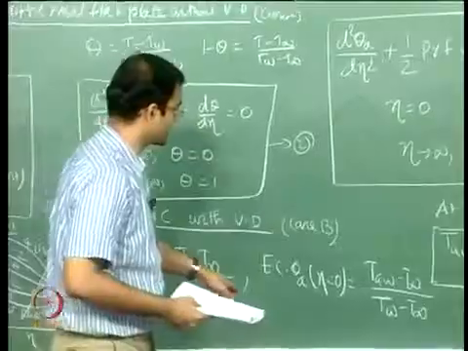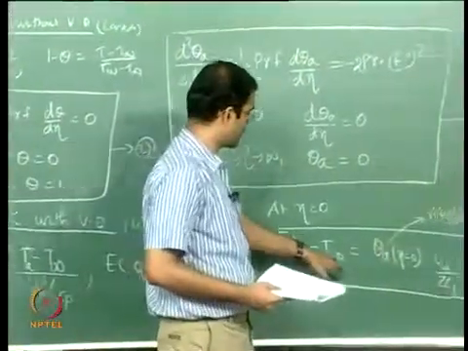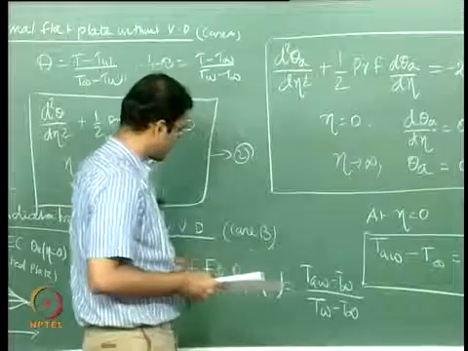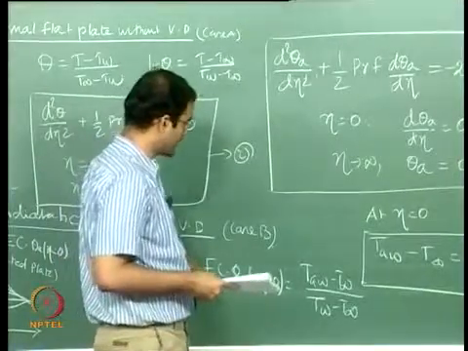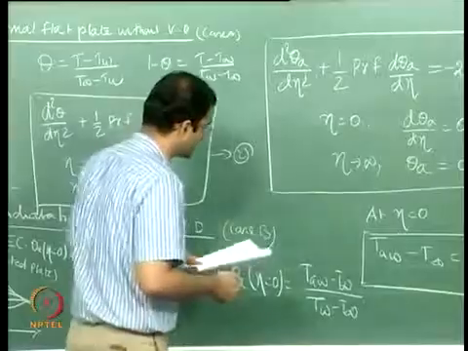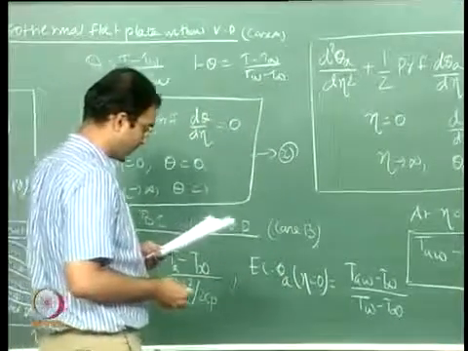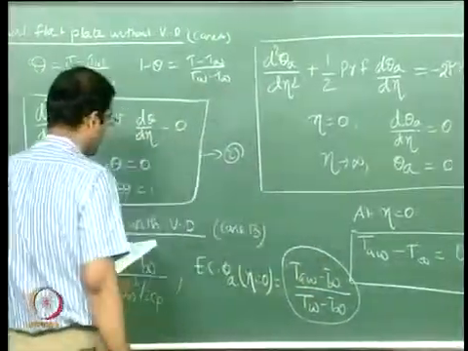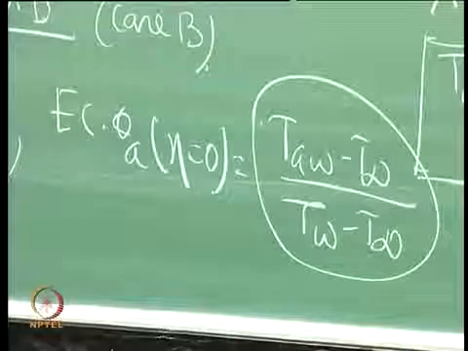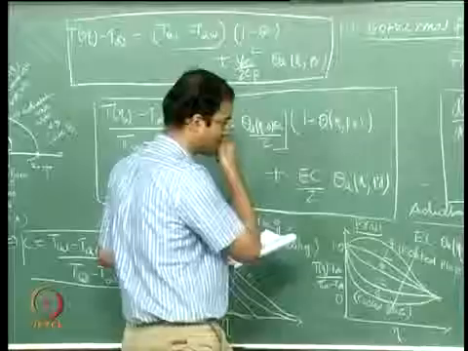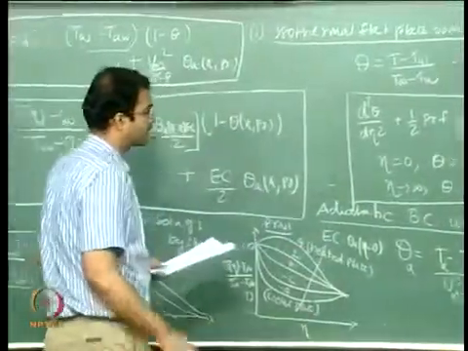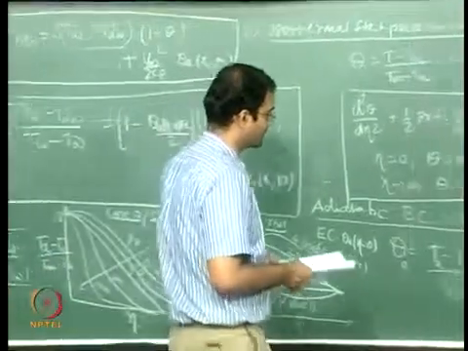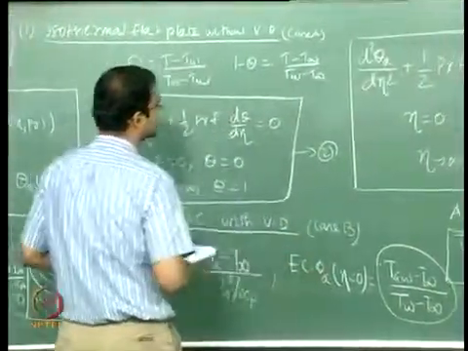Because this is your Ta wall minus T infinity, so this should be Eckert number is again U infinity square by Cp into T wall minus T infinity. So this should lead to some non-dimensional form of temperature like this. So for different values of this you are plotting this, if you are not clear about how the Eckert number comes into picture. That is how the adiabatic wall temperature enters here through the Eckert number times this.